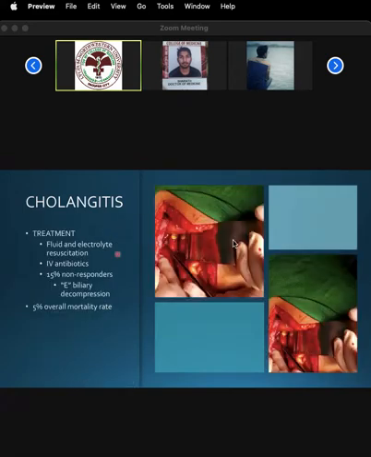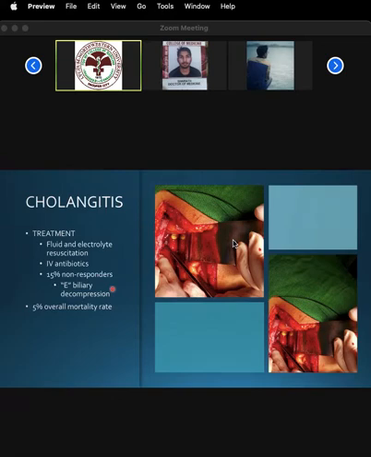Now, treatment. Initially we have to keep the patient at optimum, taking care of fluid and electrolyte resuscitation, giving them IV antibiotics that will cover for your gram-negative aerobes and anaerobes. For non-responders, and this accounts for about 15% of patients with cholangitis, we may do emergency biliary decompression. Okay, CT-guided or ultrasound-guided aspiration of the affected bile via cholecystostomy.